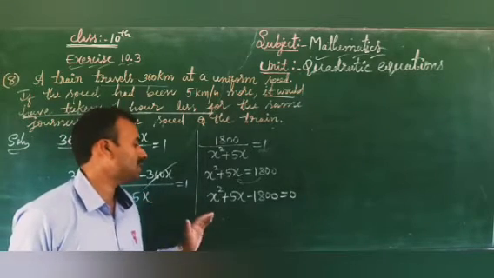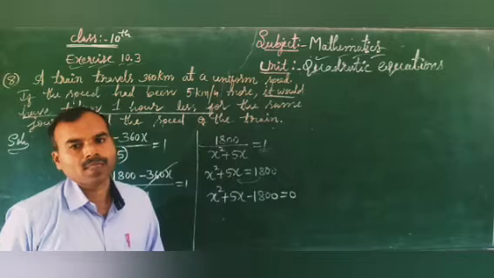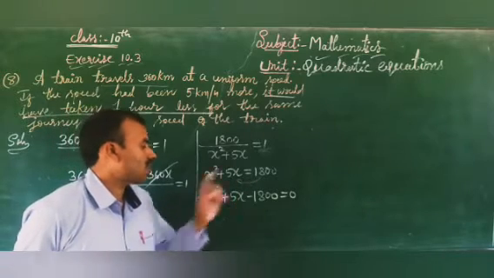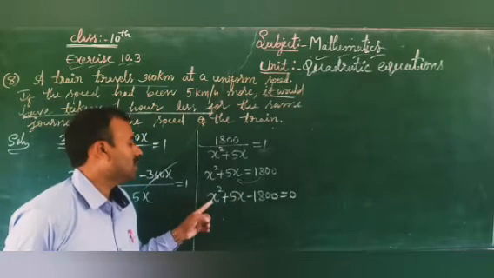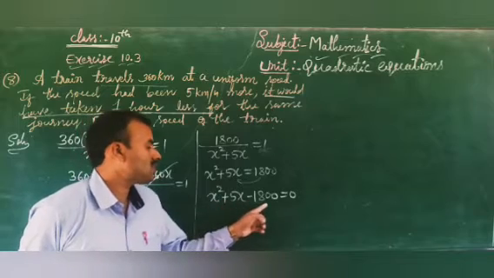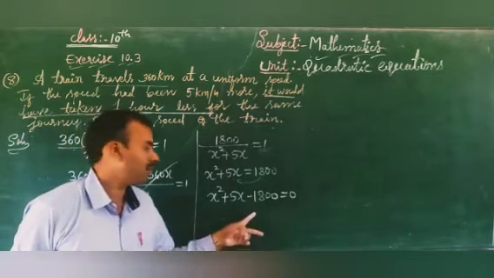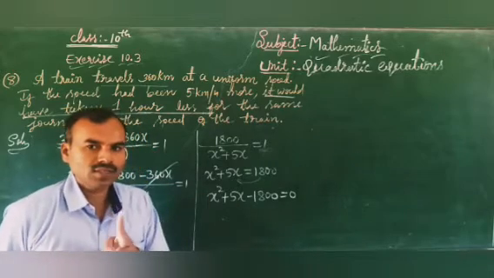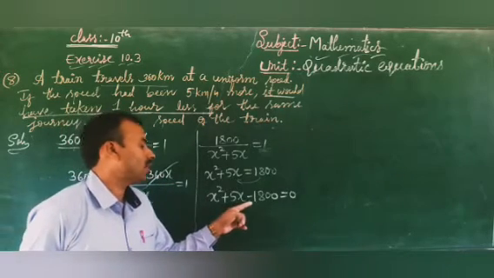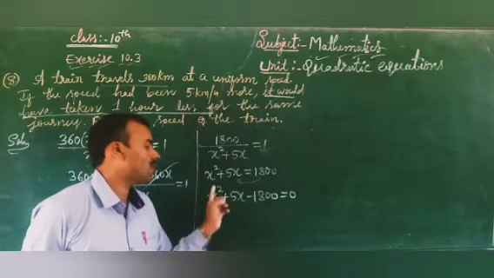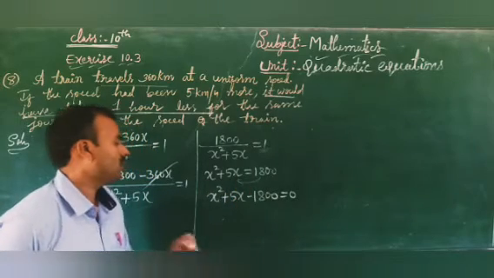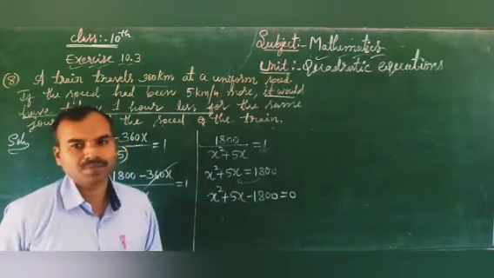Now we have to factorize this expression. Multiply the first term and last term. We get the product minus 1800 x square. Can you tell the two factors? If we multiply, we have to get this product of first term and last term, and if we subtract, the middle term.